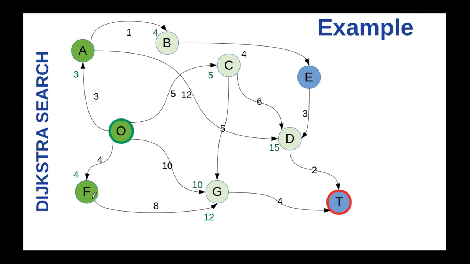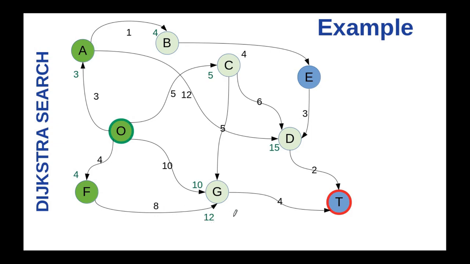As you can see here, the single neighbor of F is again G. So you can reach G by means of O to G with an associated weight of 10, but you can reach G from O by means of F with a total cost of 4 plus 8, 12.